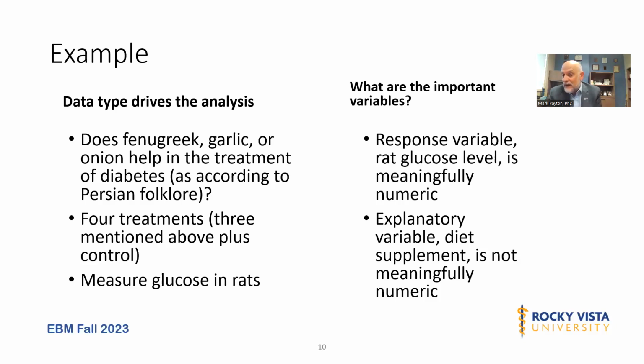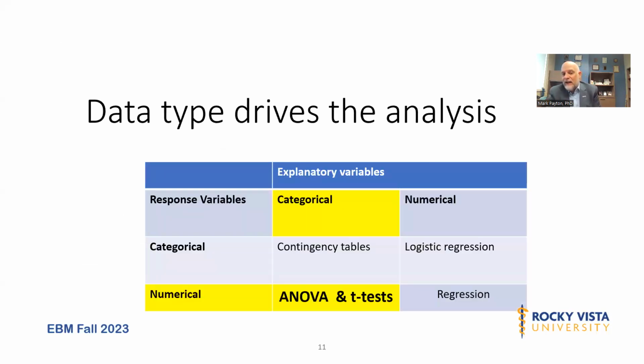That one's meaningfully numeric. But the explanatory variable is the diet supplement. That's categorical. There were 4 levels. So if we look at our 2x2 table here, the numerical response and the categorical explanatory variable would lead us to doing an ANOVA in this particular case, where we would compare the 3 treatments and the placebo or control. Okay.